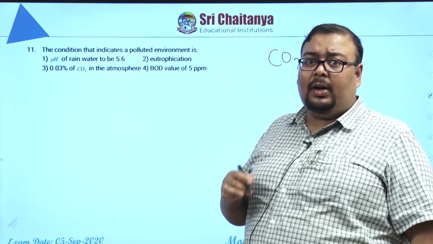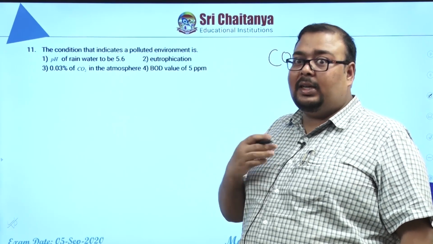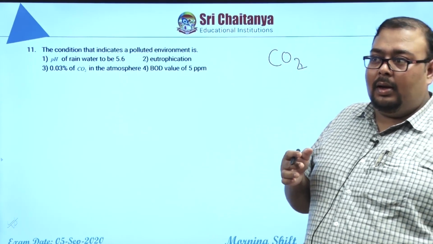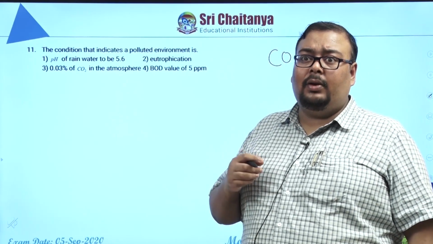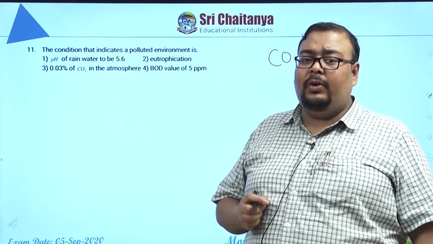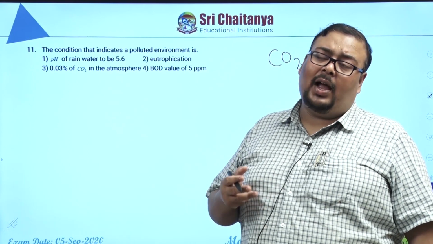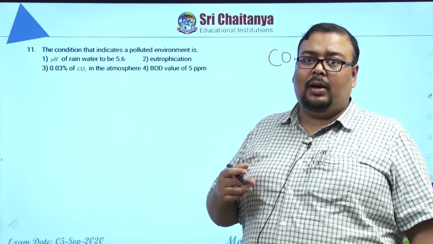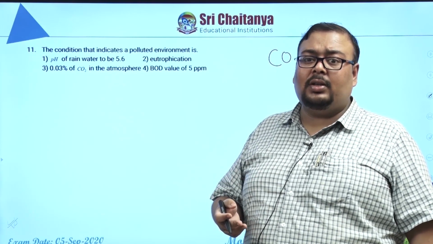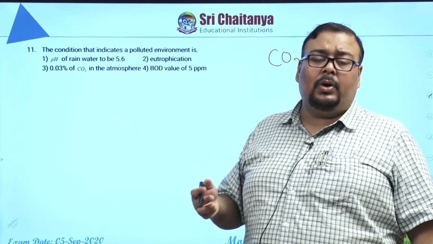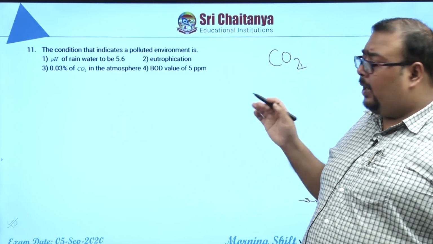Because you see, eutrophication is basically excessive growth of algae and algal blooms when the water has a very high concentration of nutrients. Now that is happening because of excessive use of fertilizers, which are causing very excess concentration of nitrates and phosphates in water, which is promoting the growth of algae.